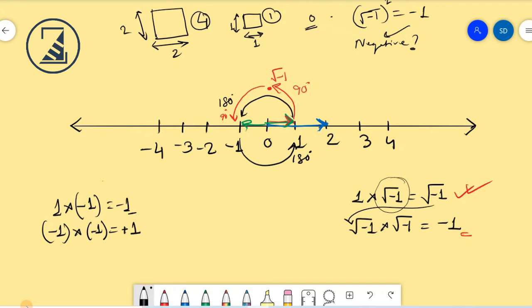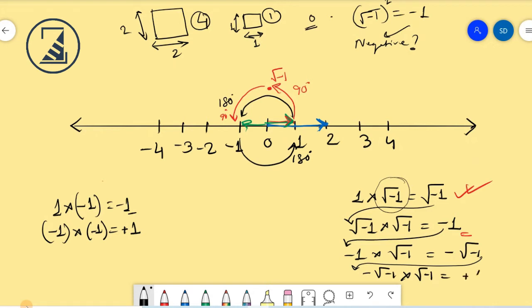Now let's see the rest. We take this result and again multiply it by square root of minus 1. This is minus of square root of minus 1. And we take this result and again multiply it by square root of minus 1. This is plus 1. So these two steps have again rotated it through 180 degrees.